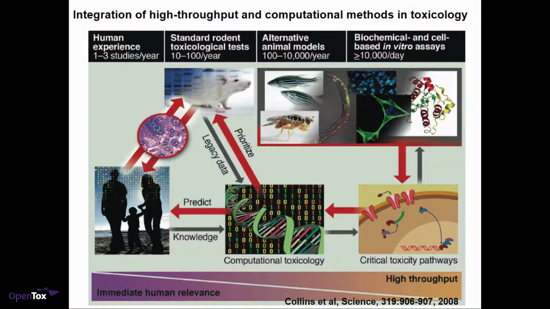This is a review from Kohonen et al. What it depicts is that part of the attractiveness is that you can really increase the throughput of experiments. From human epidemiological studies, maybe you can do 1 to 3 per year. Then standard large-scale rodent studies, a bit more.